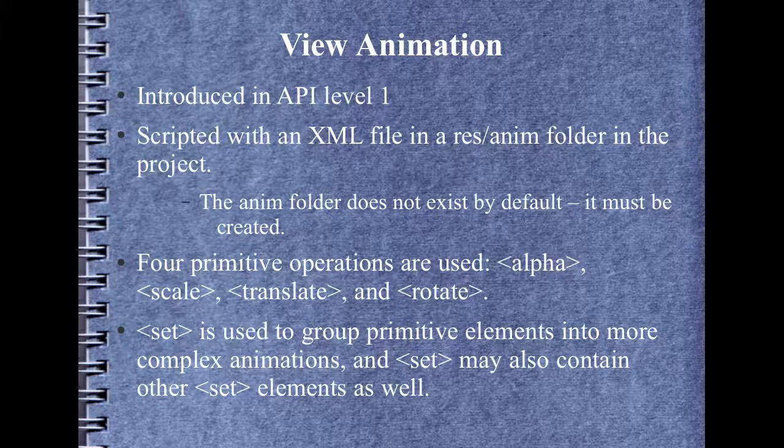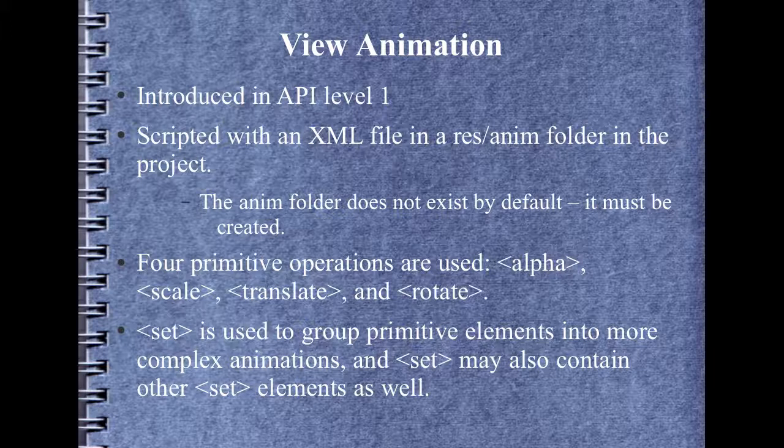Inside that XML, there are 4 primitive operations, and we use XML type tags to get to these operations. There are alpha, scale, translate, and rotate. So we can change the transparency, the size, the position, and the angle of any control that we want over time with view-based animation. There is also a 5th tag called set.